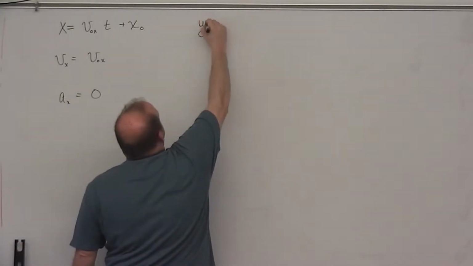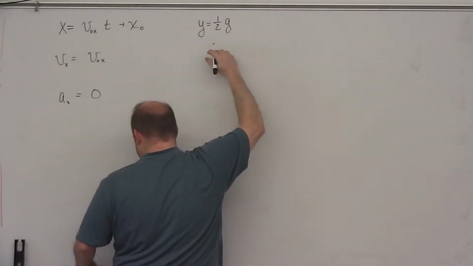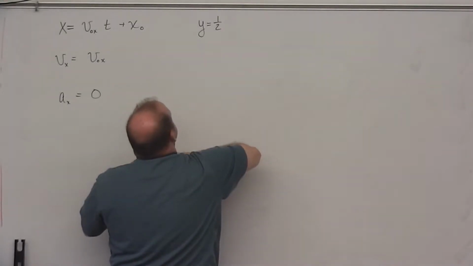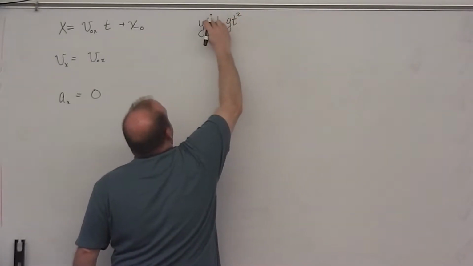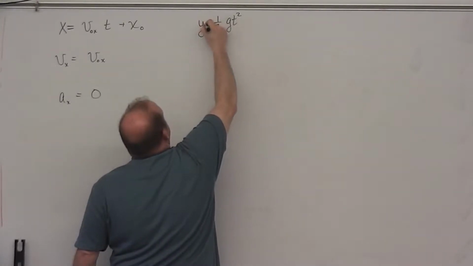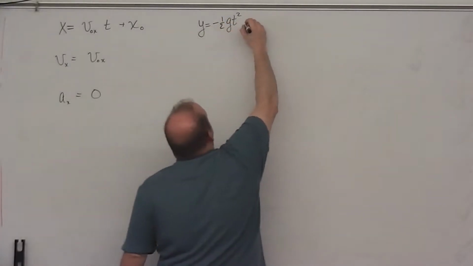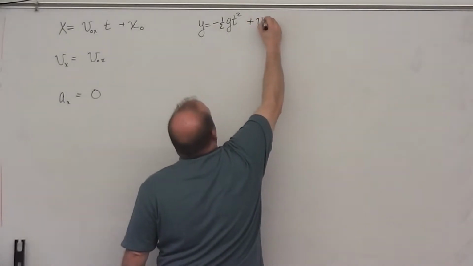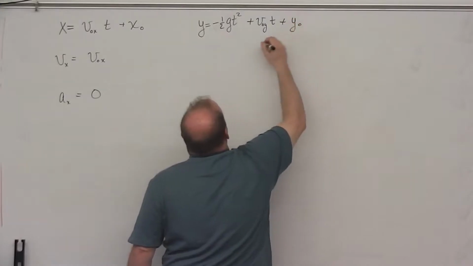My y was equal to 1/2 gt squared, and we have to put a negative in there, plus v0y times time plus y0.